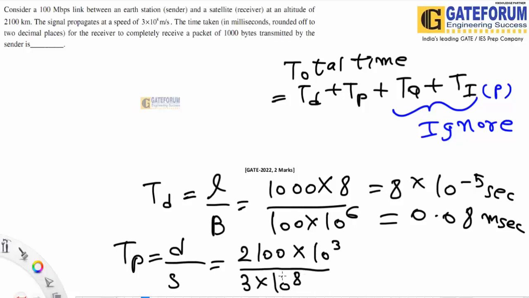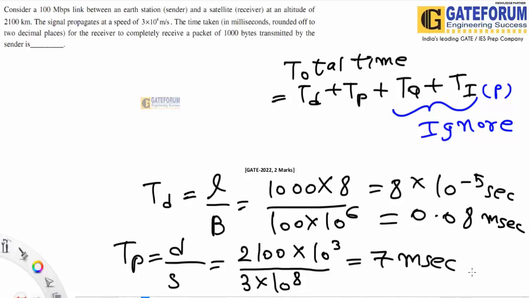If you calculate this in terms of milliseconds, 2100 divided by 300 is 7, so it becomes 7 milliseconds.